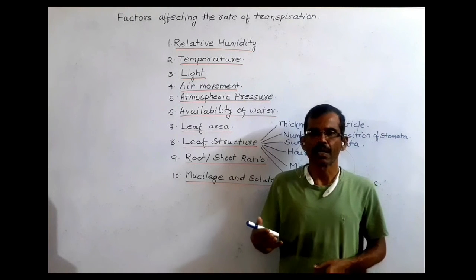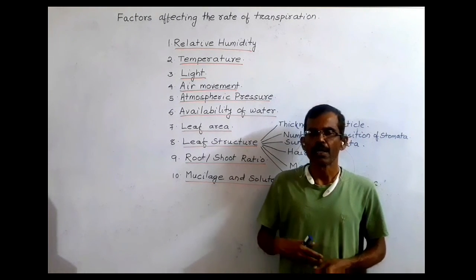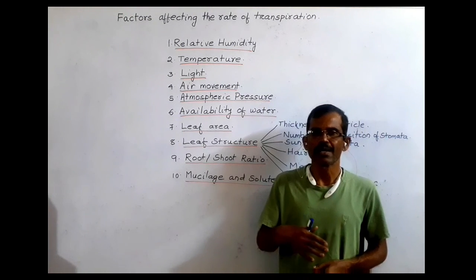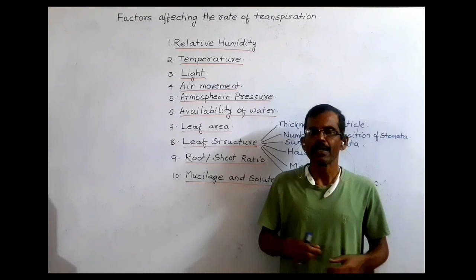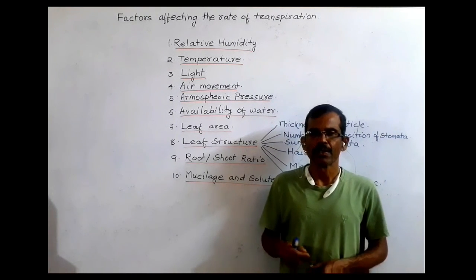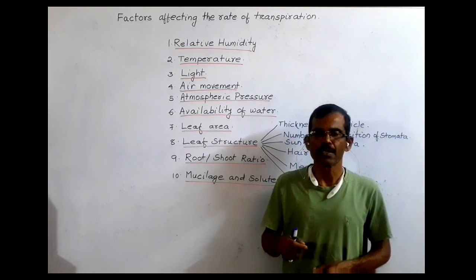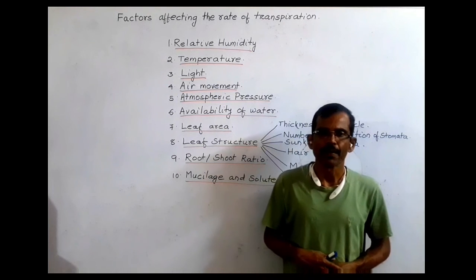You can also say that the water potential of the atmosphere is less than the water potential of the substomatal air space. In order to equilibrate, water vapor diffuses from the substomatal air space into the atmosphere through stomata.